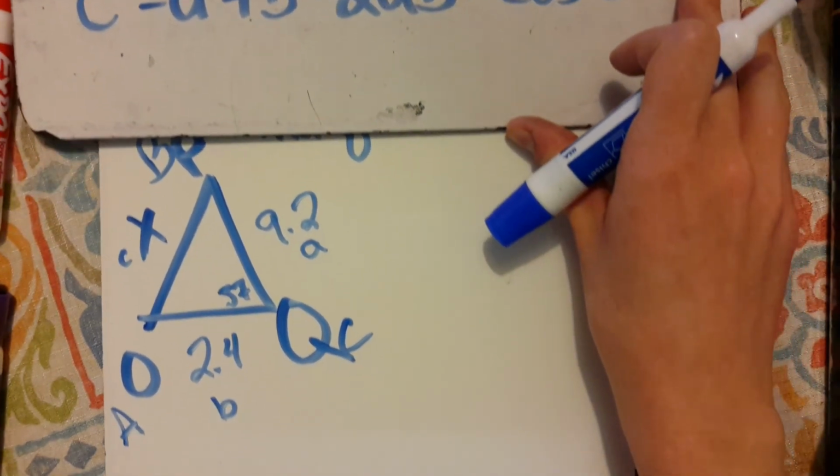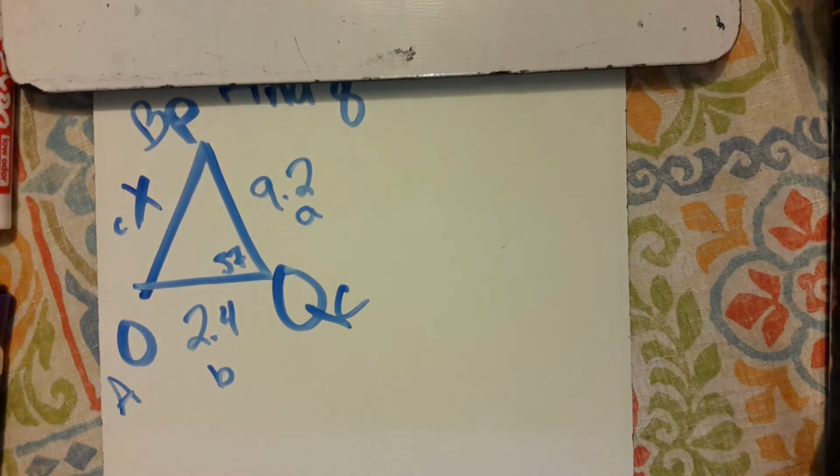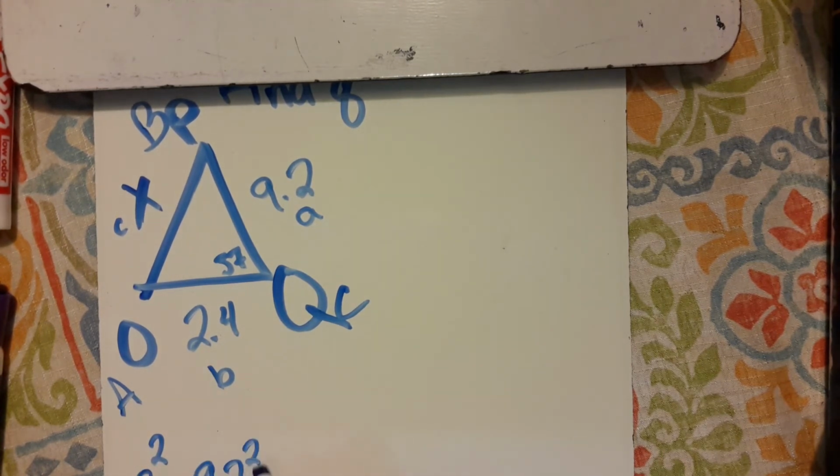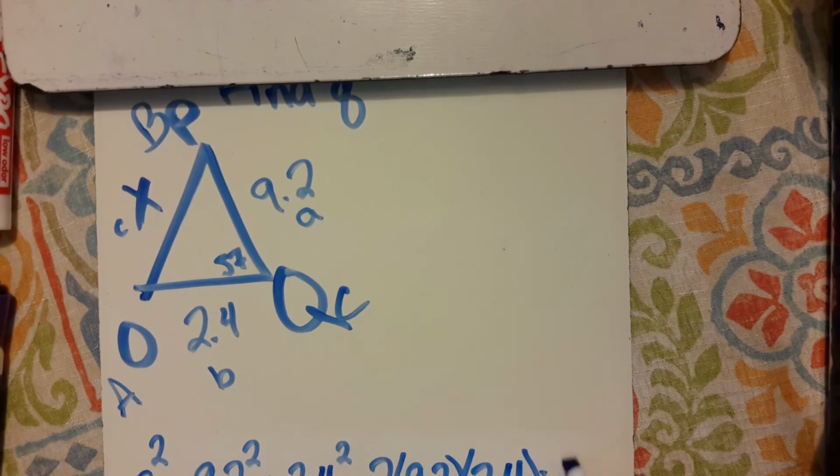You just can't see the original. Hopefully you have that written down. So C squared is going to be just plain old C squared or x squared, because I don't know what it is, equals A squared, so 9.2 squared, plus B, which is 2.4 squared, minus 2 times A times B times cosine of C, and C is 57.